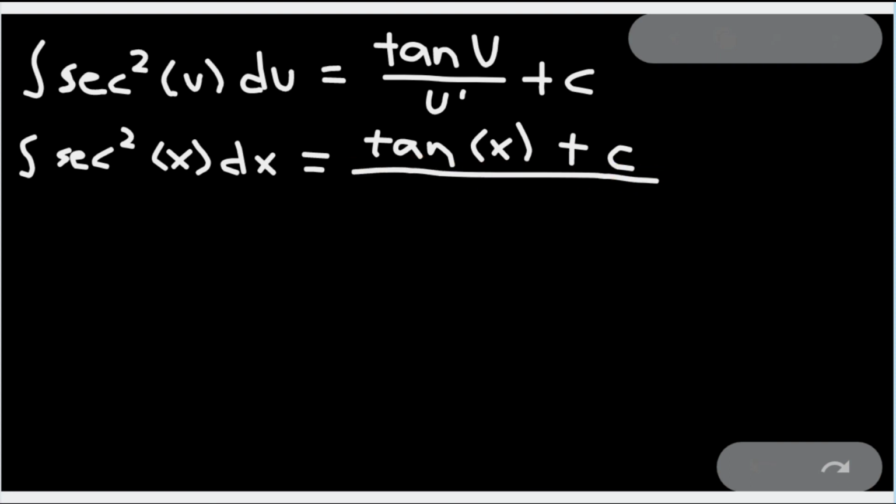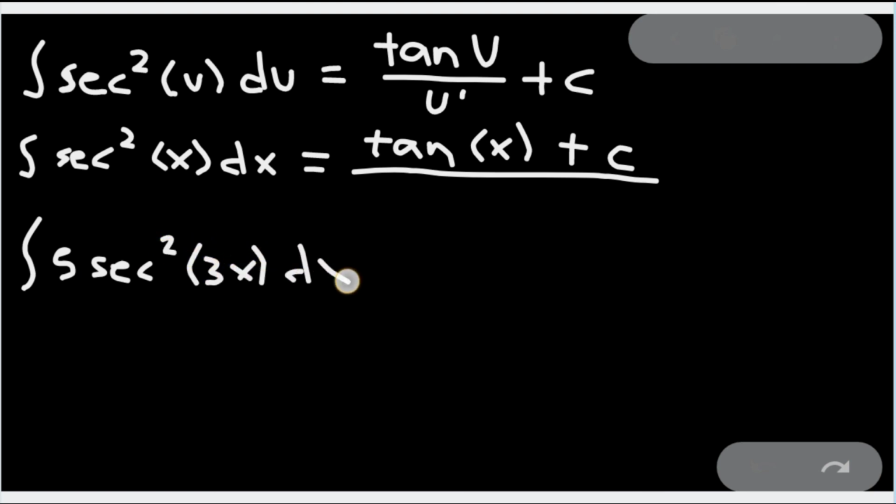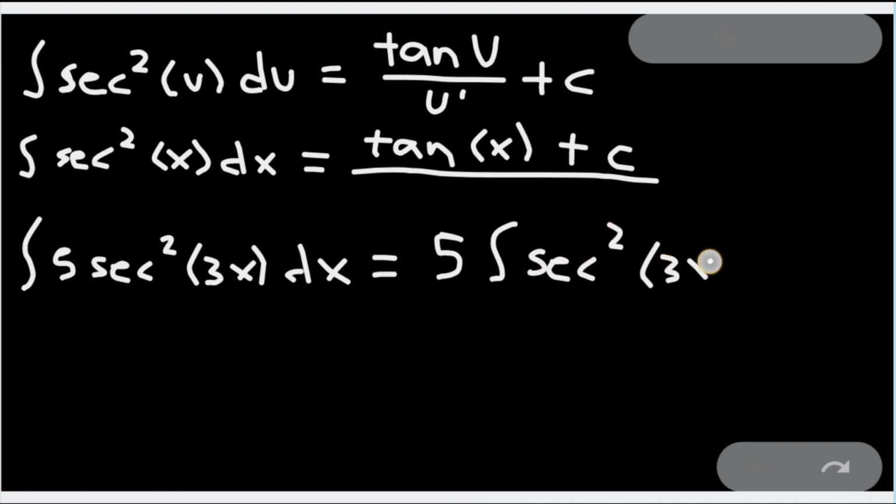Let's try another example. Let's say we have 5 secant squared 3x dx. The value of 5 here is constant, so we can put it on the left side. Then what we have now is secant squared 3x dx.